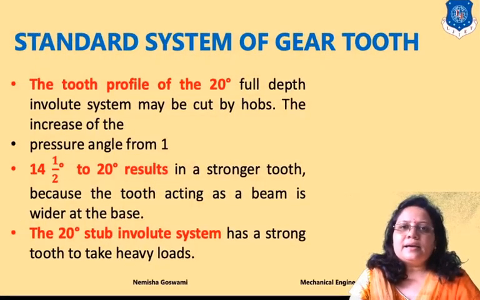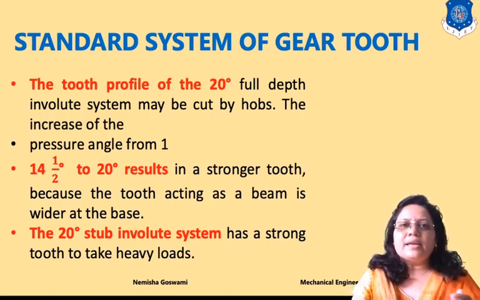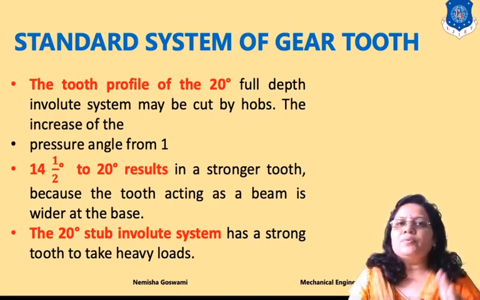Third, for the particular tooth profile of 20 degree full depth involute, gears may be cut by hobs. So these are produced by the hobbing procedure. What will happen when we increase the pressure angle from 14 and a half to 20 degree?